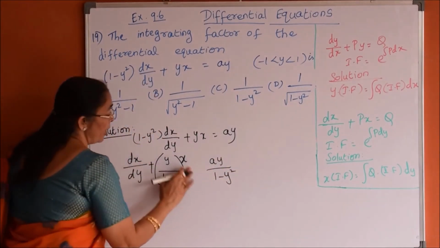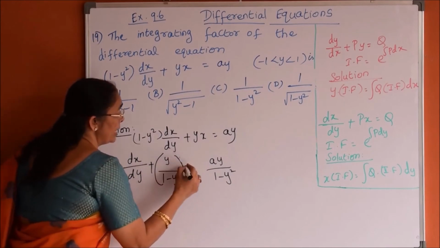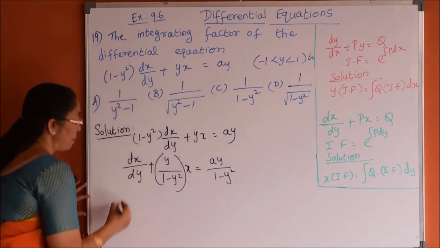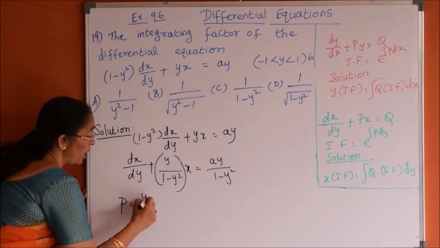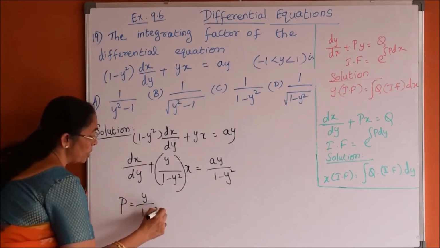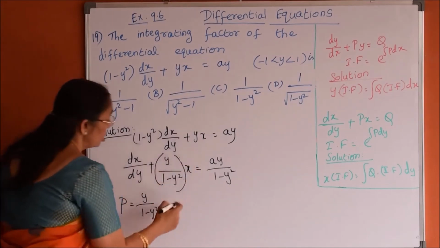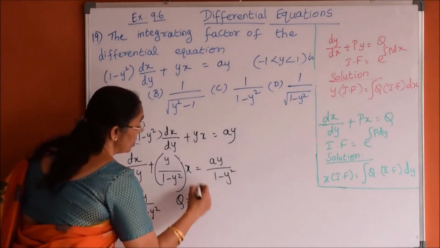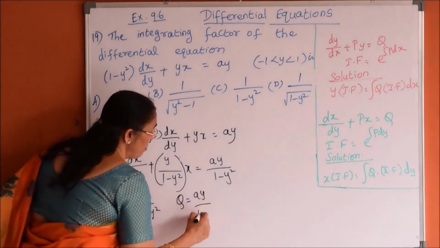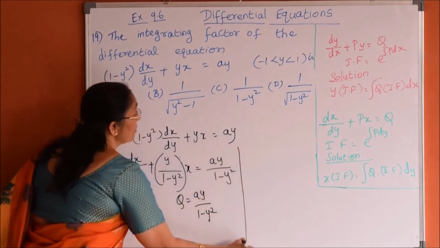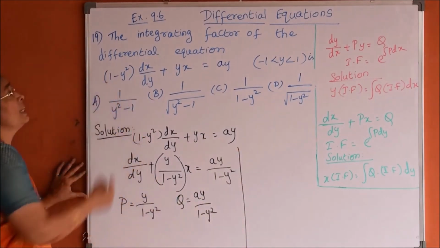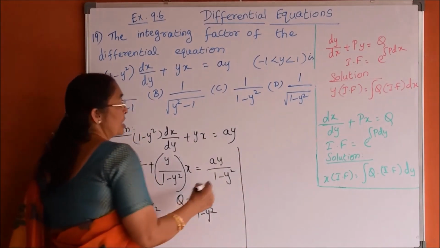This is y by 1 minus y square into x. So, our p value is nothing but y by 1 minus y square, and the q function is ay by 1 minus y square. The question is we have to find the integrating factor. So, this is the second form.